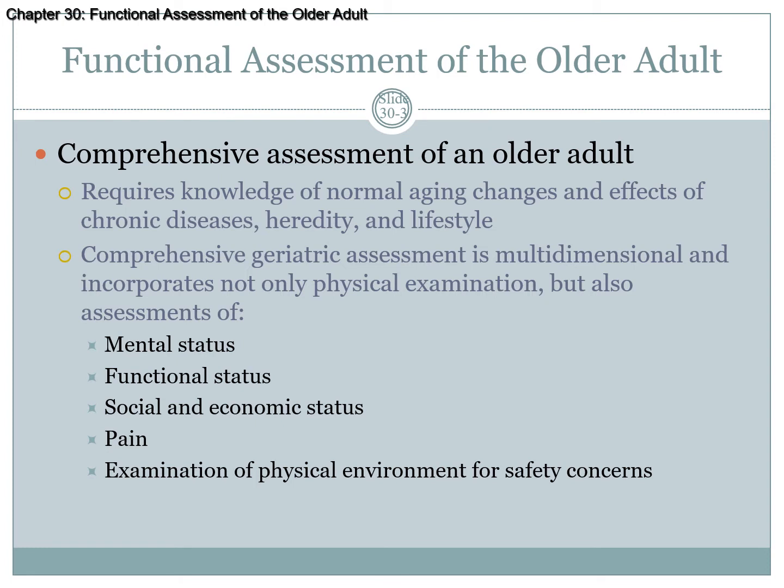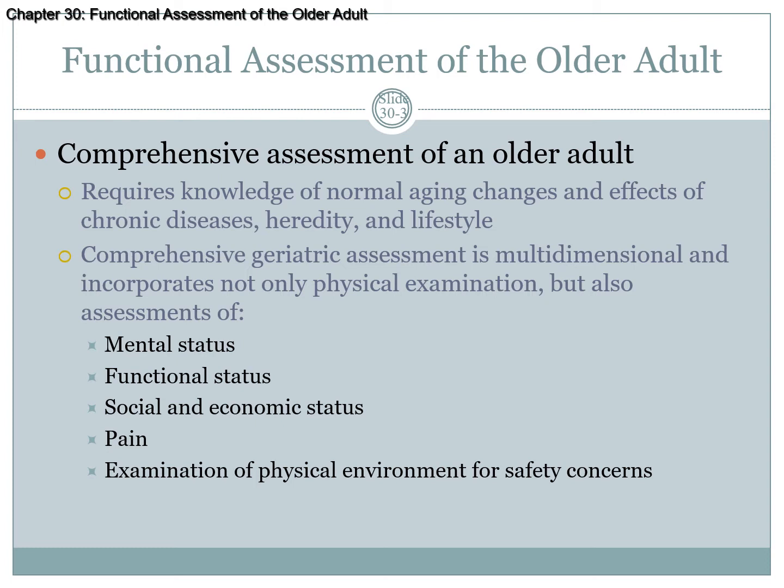Okay, so when we're assessing the older adult, we want to be sure that we do a comprehensive assessment. We need to have information related to how aging affects the older adult. We want to look at the patient's lifestyle, maybe chronic diseases, and then we want to look at the patient's mental status.